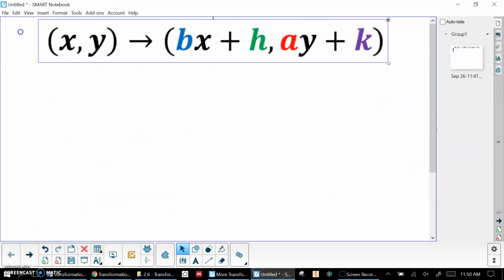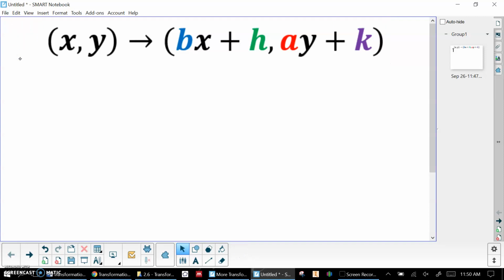Let's start with the coordinate mappings that we talked about way back in geometry. If we want to take a point x, y and transform it, we're going to map it to another point. In this case, let's make them exactly what we want: b times x plus h, and a times y plus k.